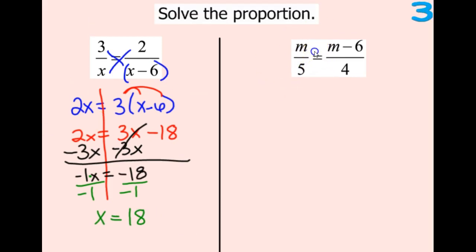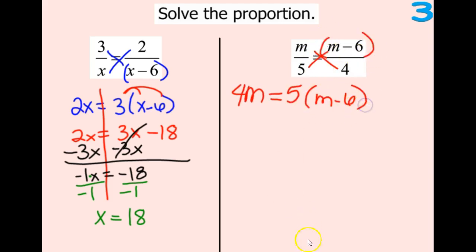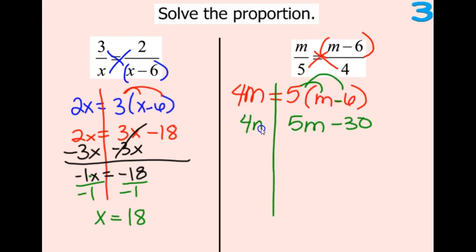Alright, on the next one we have m times 4 is 4m. Set equal to the other side, which is 5 times this whole piece, m minus 6. So let's distribute this. 5 times m is 5m. 5 times negative 6 is negative 30. And then we need all the m's on the same side.